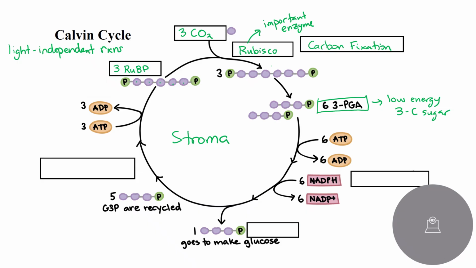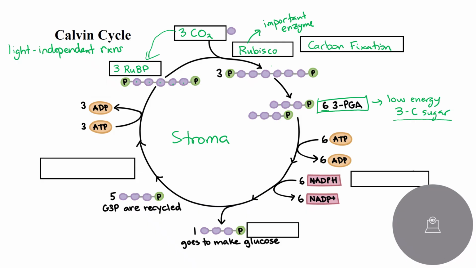So this inorganic molecule, CO2, is combined with RuBP, split, and turned into, mathwise, 6 3-PGA. So again, just think of it as 6 low energy 3-carbon sugars.